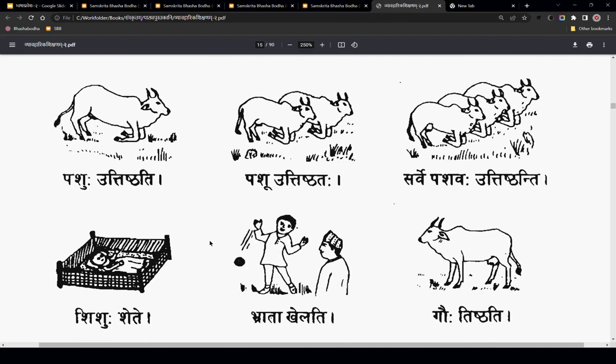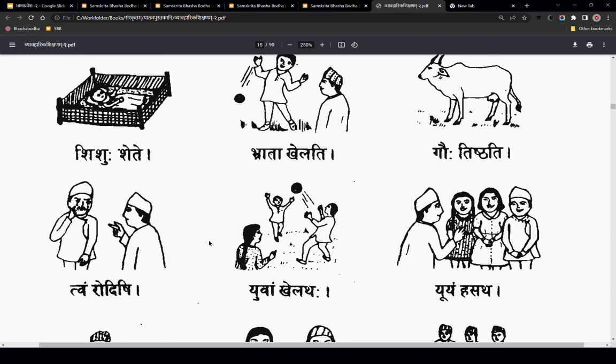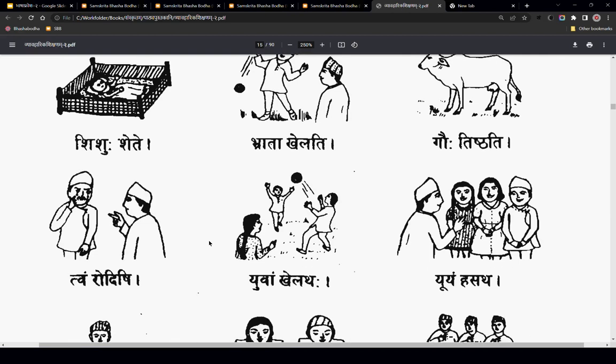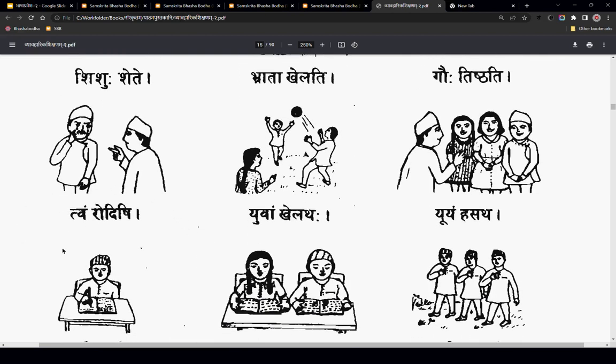Uttishthati, uttishthatah, uttishthanti. Shishuh shete, bhrata khelati, gauh tishthati, tvam rodishi. This rodishi, roditi was also in the L1 exercise, right? In the last course. Roditi becomes rodishi. Then yuvam khelathah.